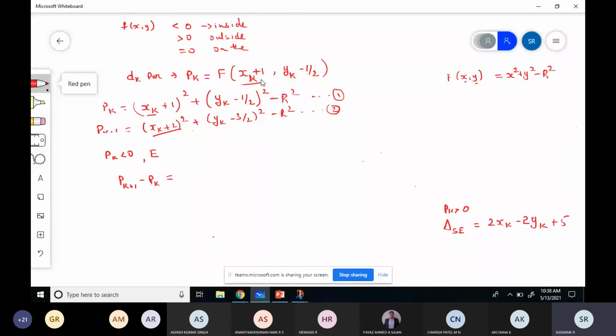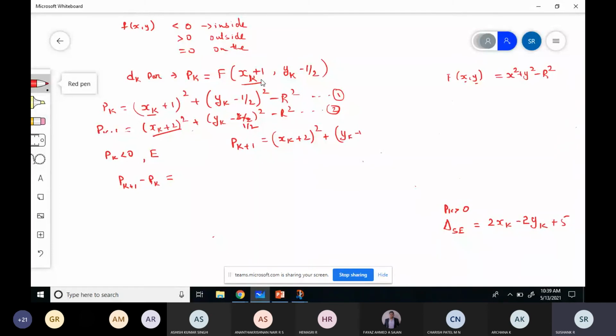Here the y value will remain as it is. So when it is less than 0, P of k plus 1 will become: x value will be incremented by 1, so it will be xk plus 2 the whole square, plus, but y will remain as it is. Earlier y was minus half only. Here also y will be minus half, because only the x value is changing and the y value remains constant.